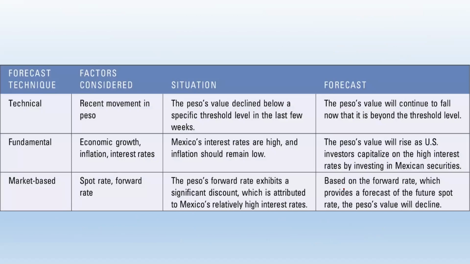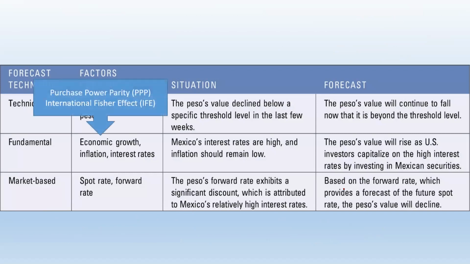So this is a summary. Those are basically 3 techniques, and here is a summary of all 3. The first is called technical forecasting. Basically we find patterns in historical data and apply them to predict future movement. The second one is fundamental forecasting.